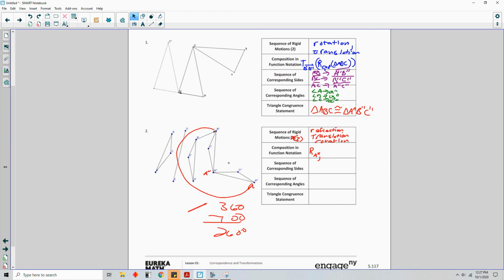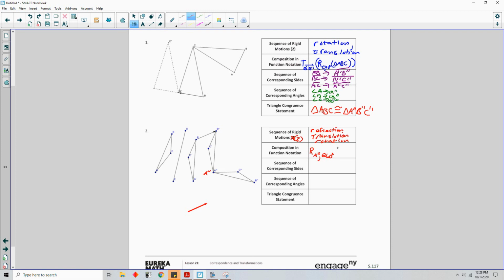So I'm going to rotate this triangle about A prime, A double prime, 260 degrees, instead of saying 100 degrees, because the 100 degrees is negative. All right, so it's a rotation about A double prime, 260 degrees.